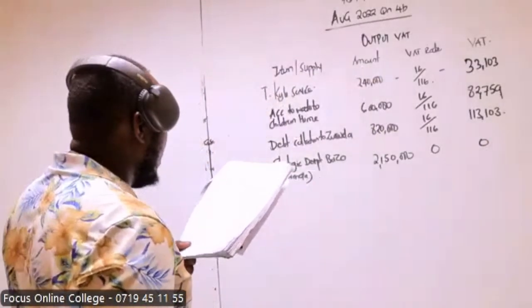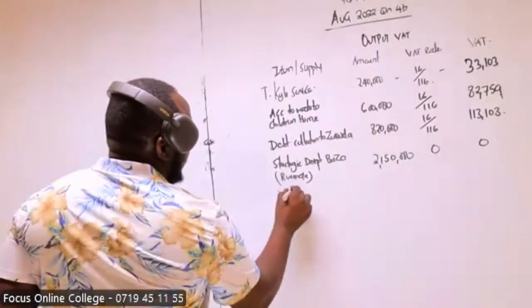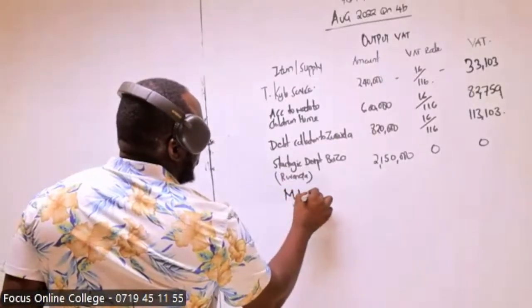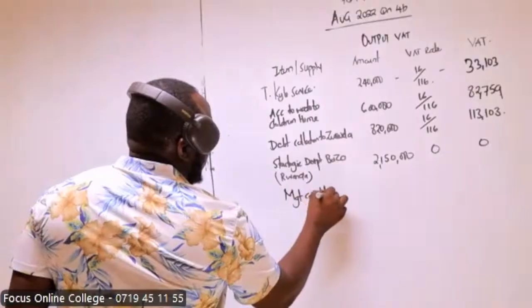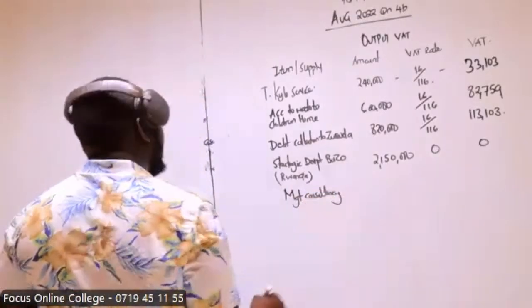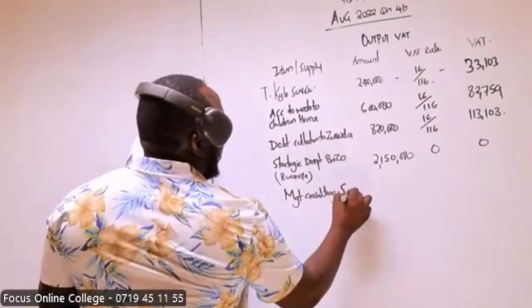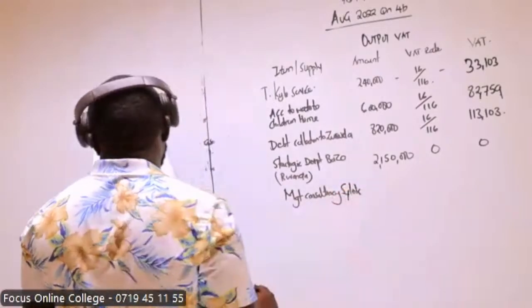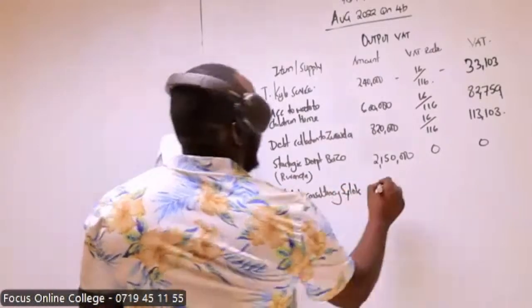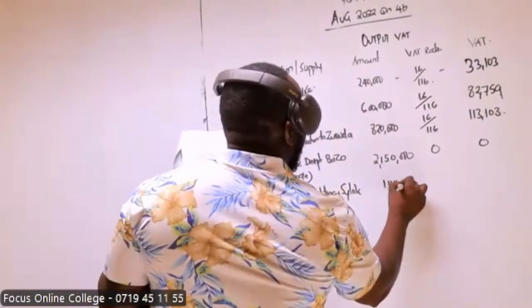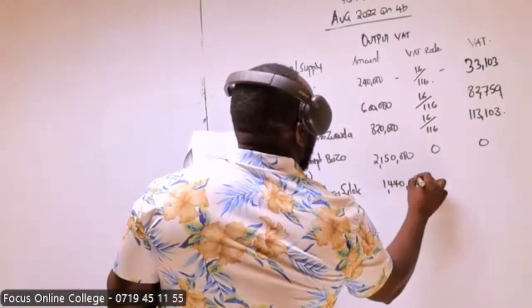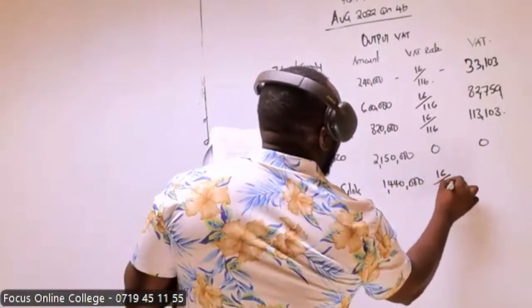We have management consultancy. That is Shylock. That should be the whole amount. So that should be 16 over 116.